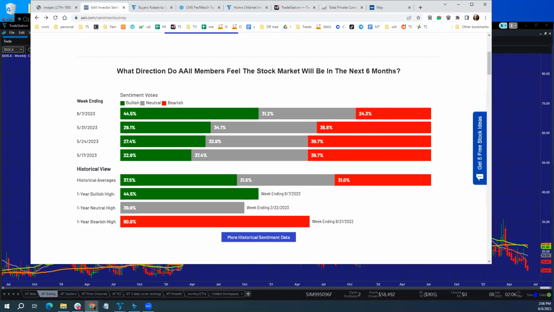So we have a lot of pieces coming together now that just seem to be continually confirming that there is cash on the sidelines. And not only is there cash on the sidelines, but there's simply no leverage longs to unwind.